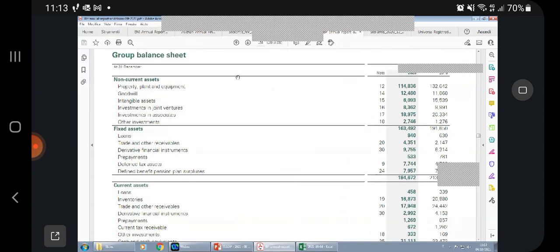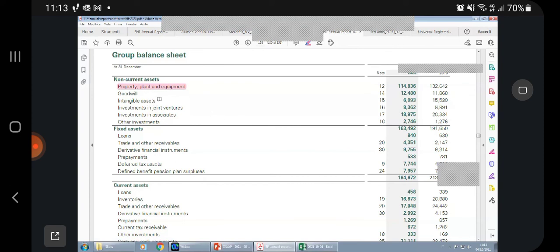British Petroleum uses lease contracts, but as you can see here, we don't see separately in the balance sheet the right of use asset. They are within this line, property, plant, and equipment.